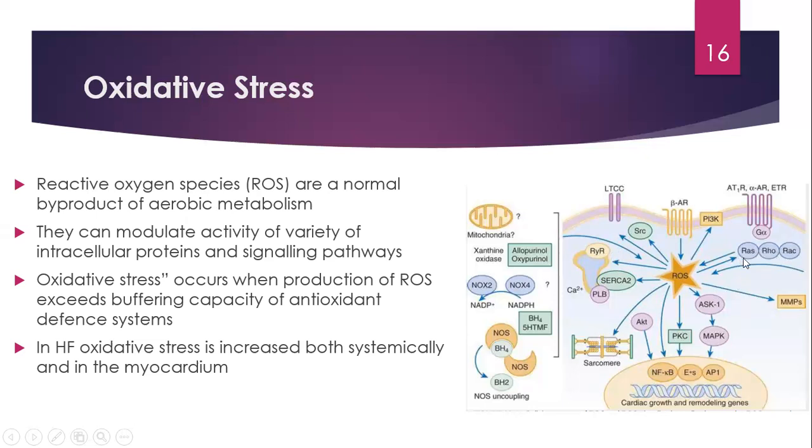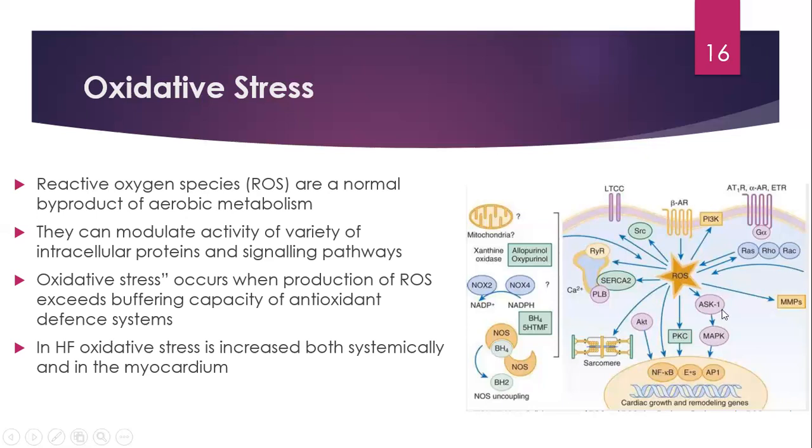There are even certain genes that are transformed to oncogenes because of reactive oxygen species. The expression of certain growth factors also happens when you have reactive oxygen species, promoting remodeling within the heart. So these reactive oxygen species are central in disrupting the normal functioning of the heart and even structurally affecting the heart, leading to adverse remodeling.